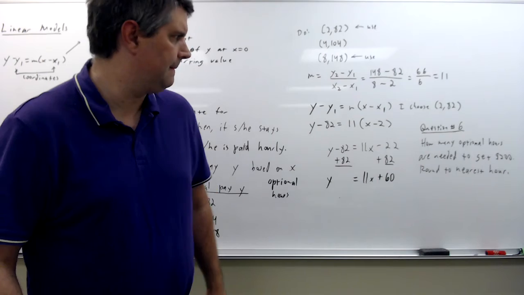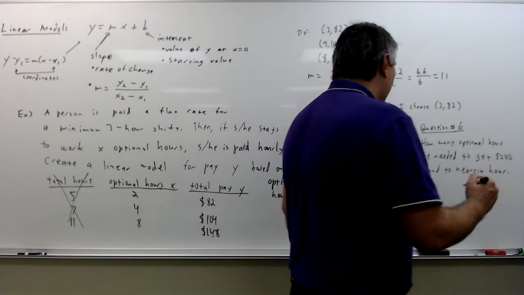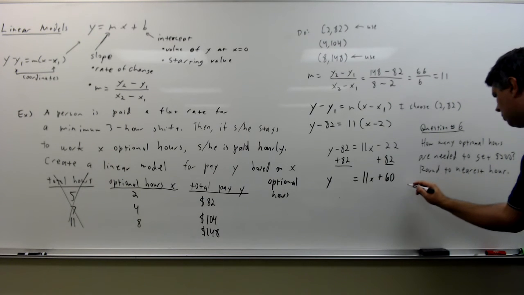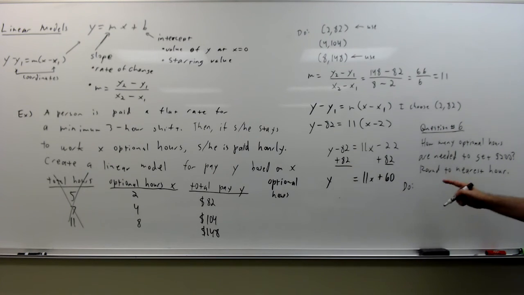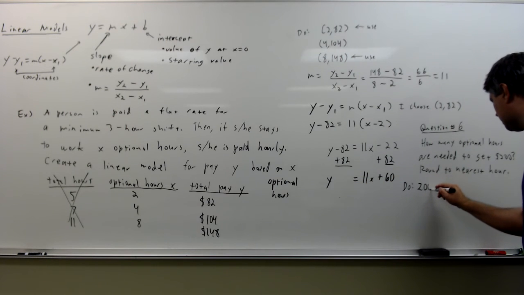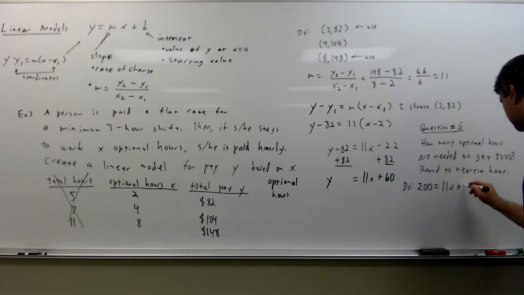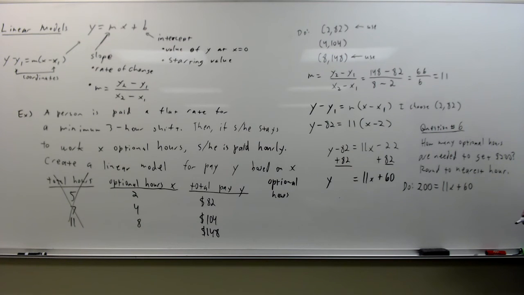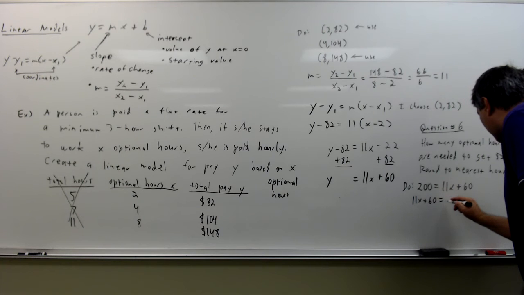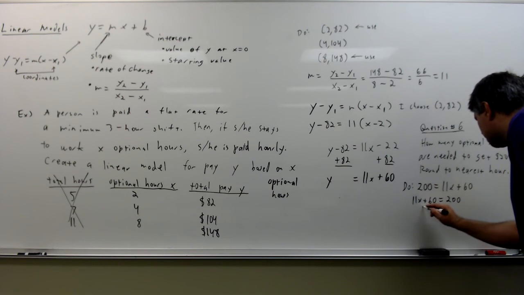Okay? How many hours are needed to get $200? In this case, I want the total pay to be 200. Most students are not comfortable with having the x on the right side. Students oftentimes want it on the left where they're used to seeing it. So that's where I'll put it.